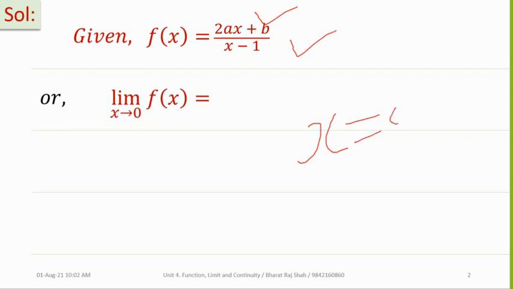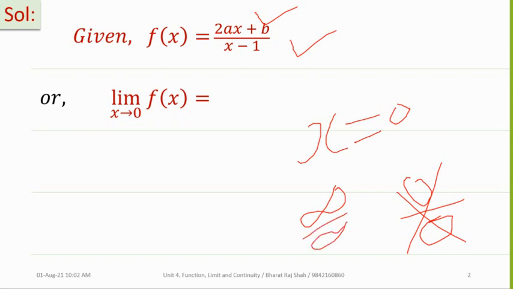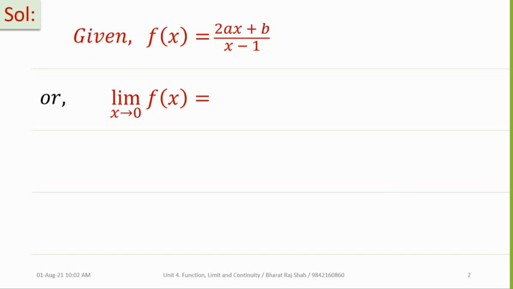If it comes 0 by 0 form, then it is undefined. If 0 by 0 or infinity by infinity doesn't come, or simply a real number comes, for example k, 2, or 3, then it would be the limiting value. So wherever there is an x, we are going to write 0.